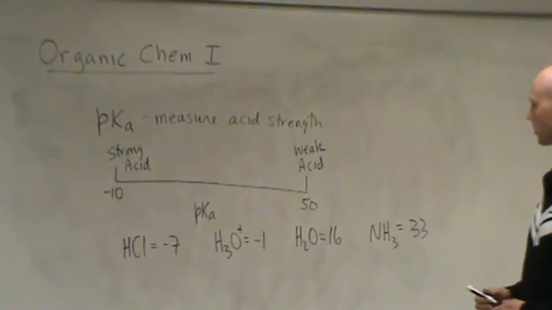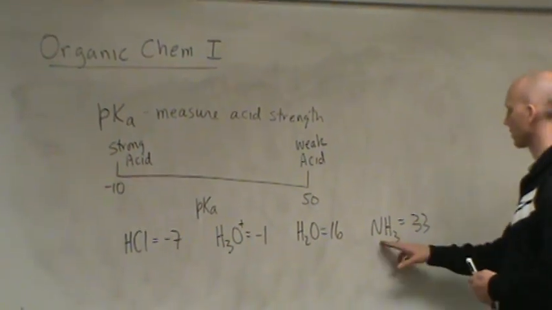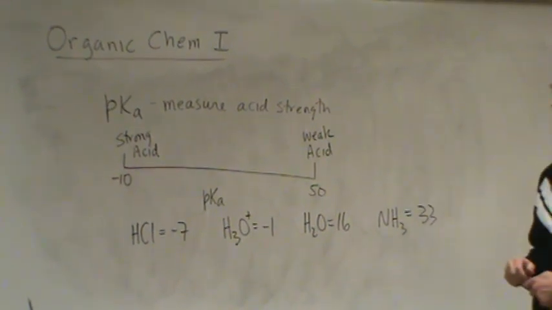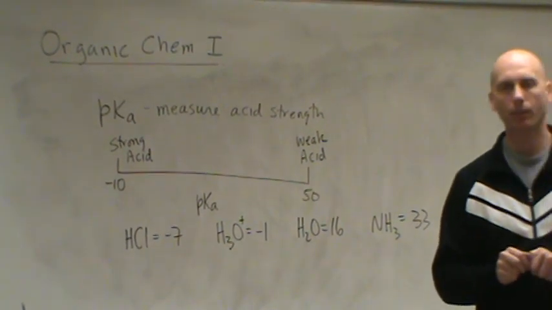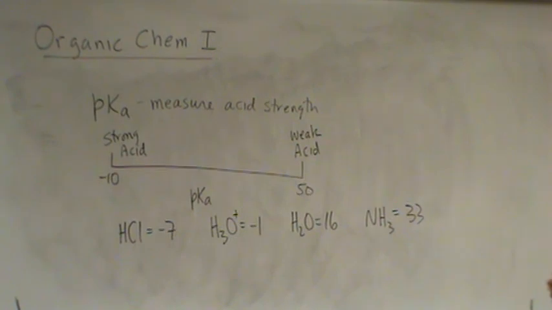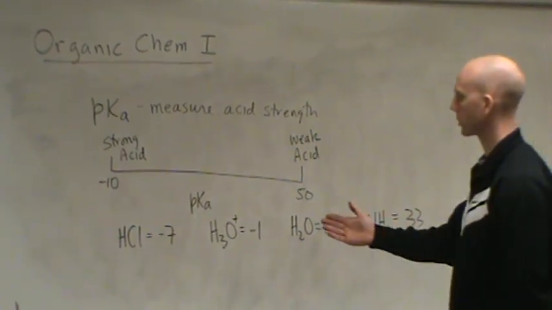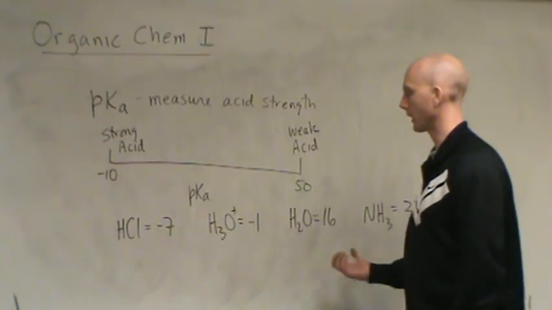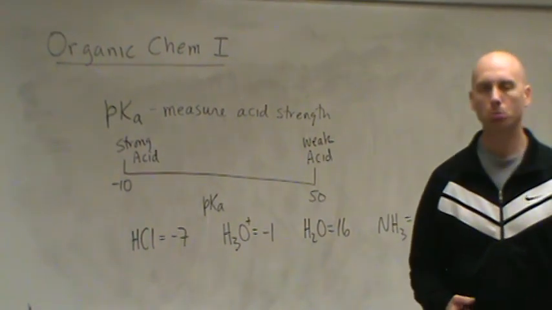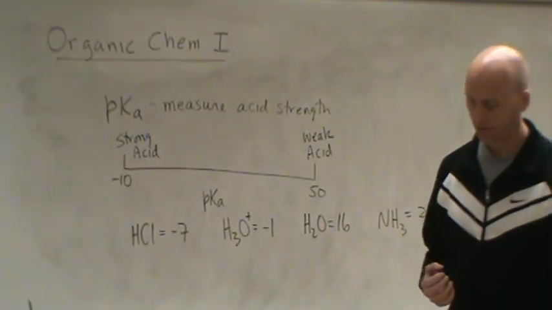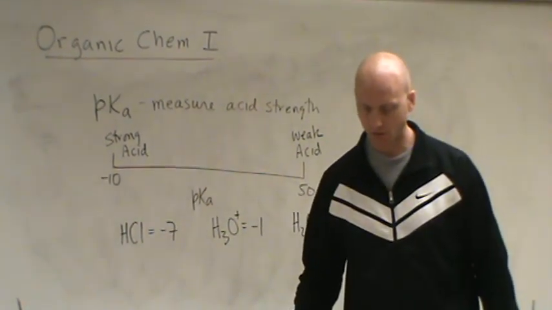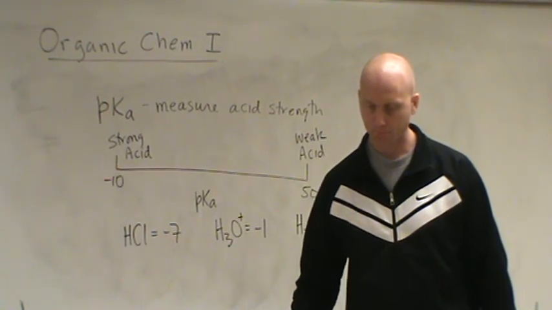When I get up to things like ammonia, its acid strength is very, very weak at a pKa of 33. So pKa's can be measured, and they can give you a wide variety of numbers based on how strong that acid is.